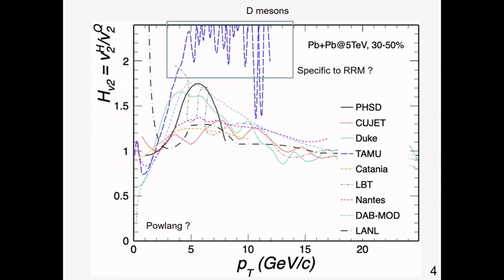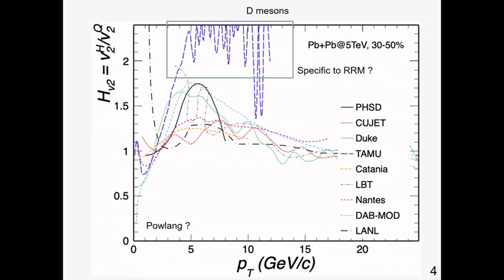For those states, as a result of recombination, the spectrum becomes harder. That means the recombination component is pushed to higher pT. So finally, when you calculate the total V2, you do a weighted sum between the two components, the recombination components and the fragmentation components, using the spectrum as the weight.